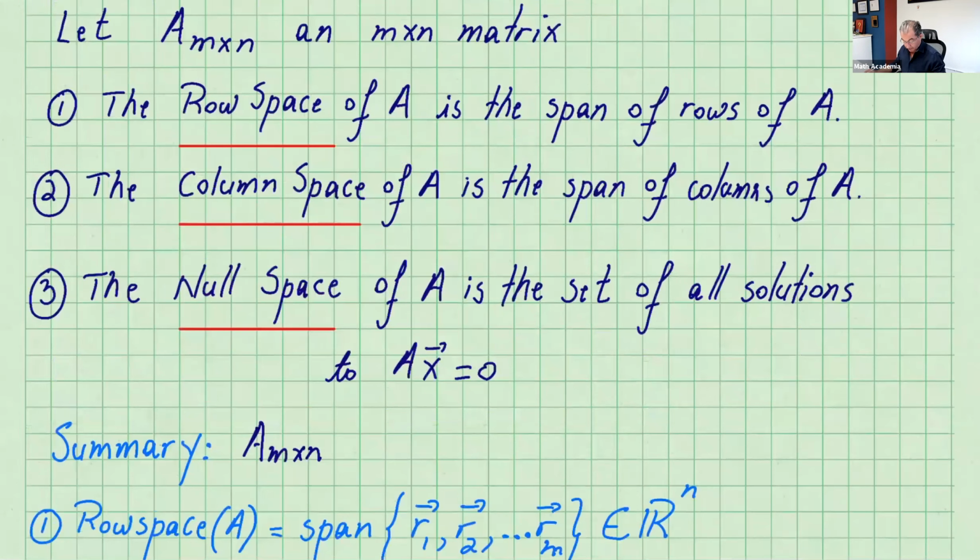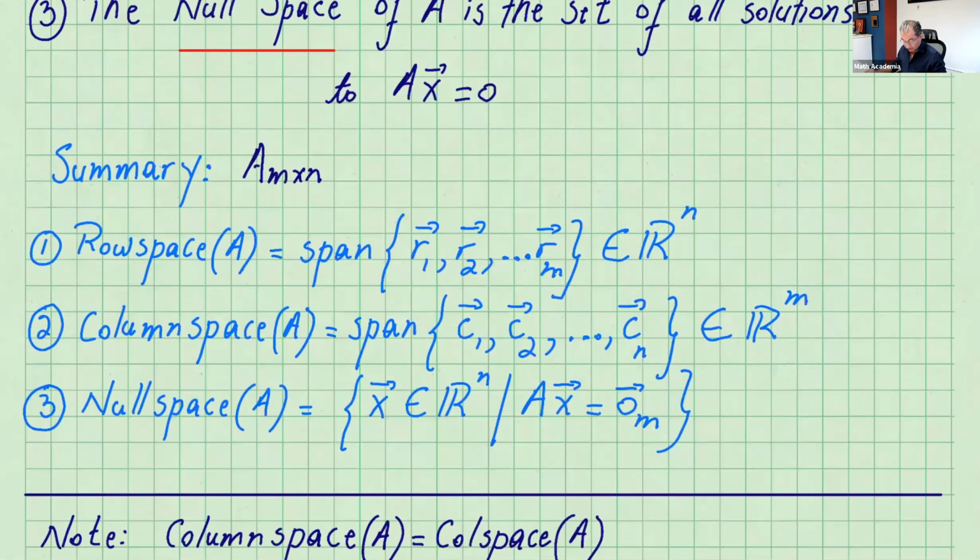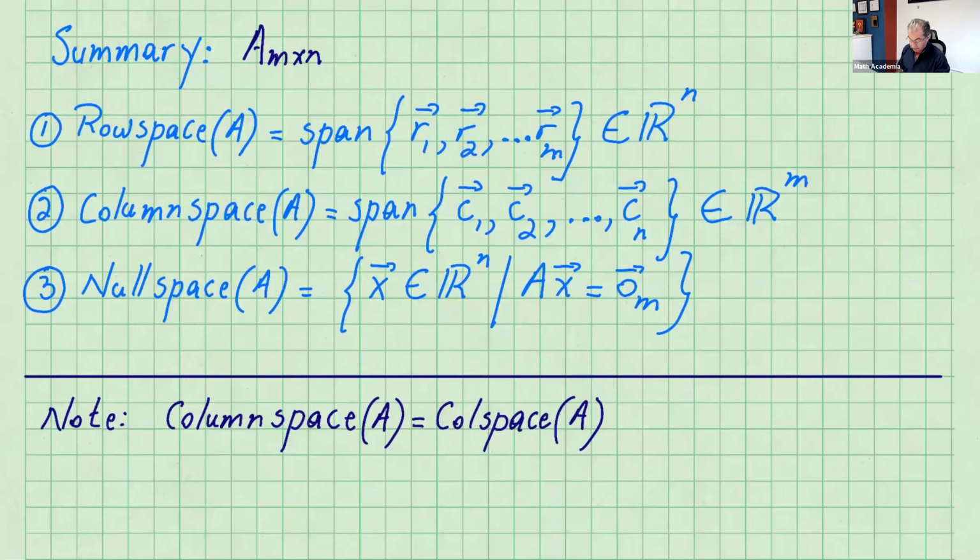I did put the summary here for you. The way you can write it again, our matrix is m by n. The row space of A is the span of the rows, and this is in Rn, so remember that. The column space of A is the span of the columns. Rows and columns are vectors again, and this is in Rm.